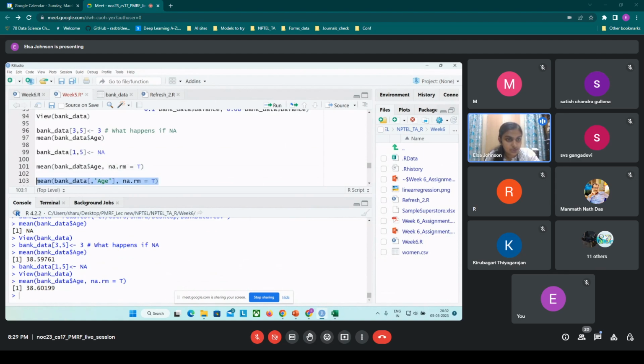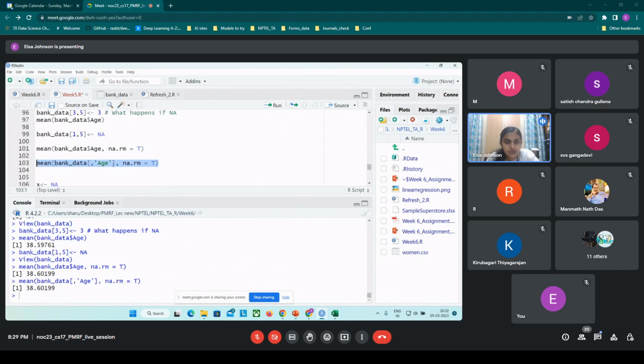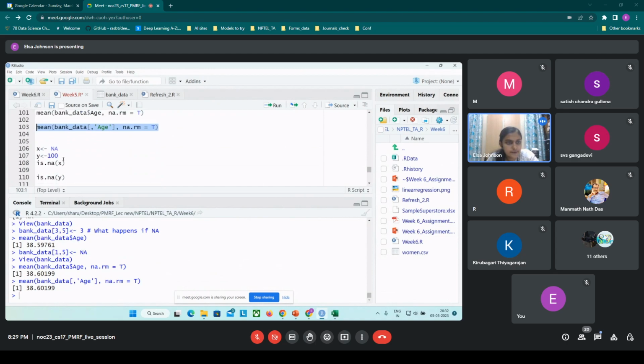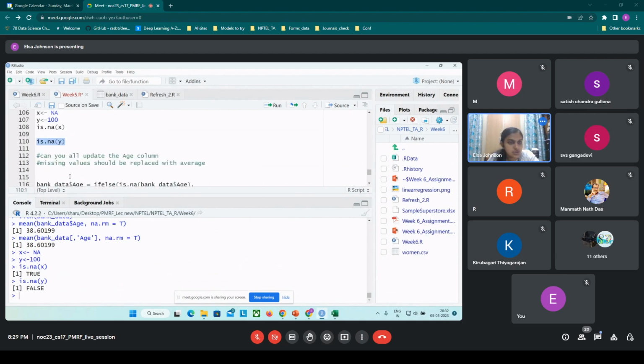For example, you can use bank_data dollar age, anything you can give, and you'll get the same value. Then some other statements we can see, like is.na will show you whether it is an NA value or not. So true and false, yes.